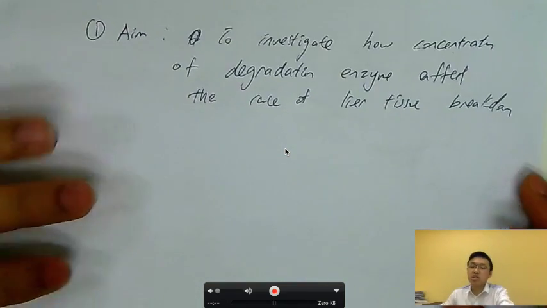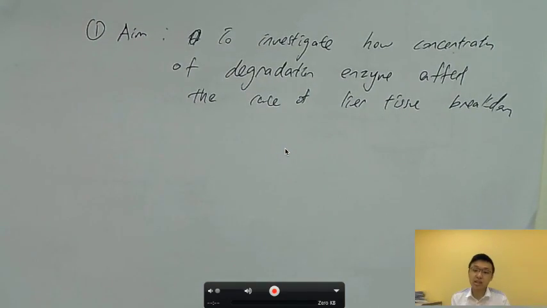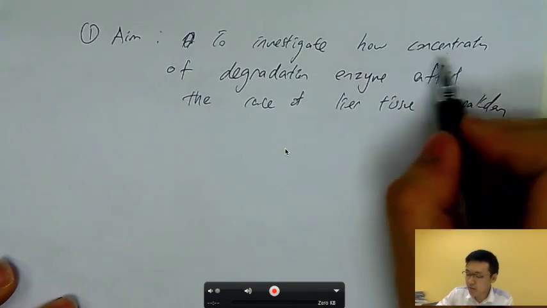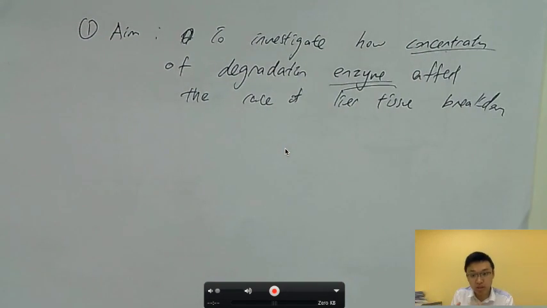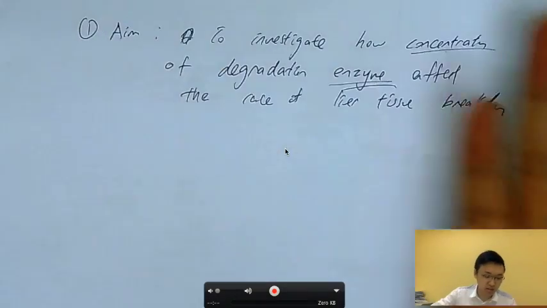If you take biology, or even chemistry, you know that enzymes speed up reactions. So basically you're asking, how does the concentration of enzyme affect the rate of reaction in which the liver tissue breaks down? For the aim, you can write something like that.